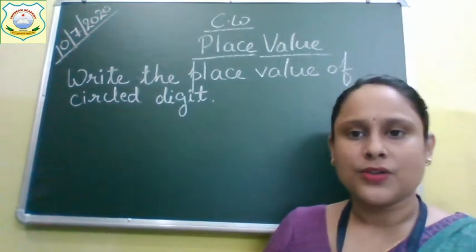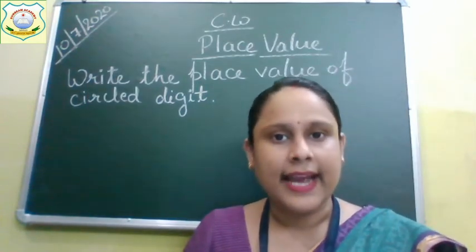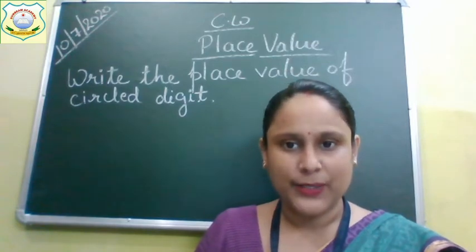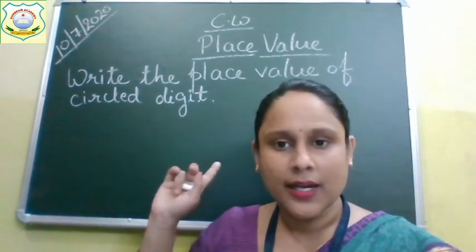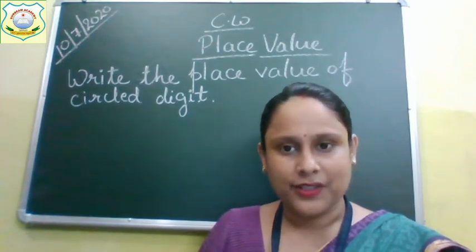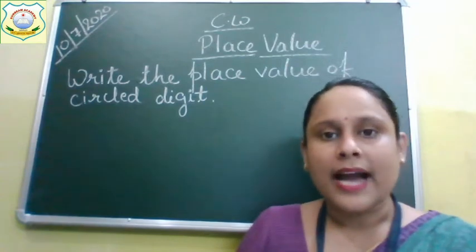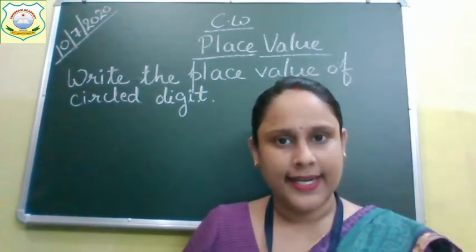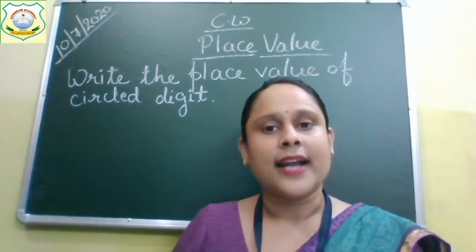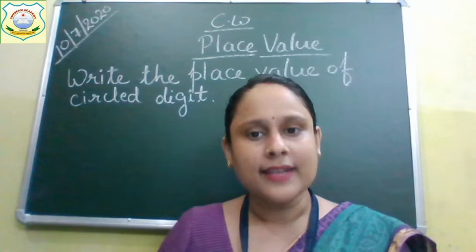Children, first of all, you write down today's date, then write classwork, write down the topic, place value, and note down the question. First, note down the question. After that, we will start with today's classwork. And don't forget to write the index. In index, you will write today's date, and along with today's date, children, you will write place value.